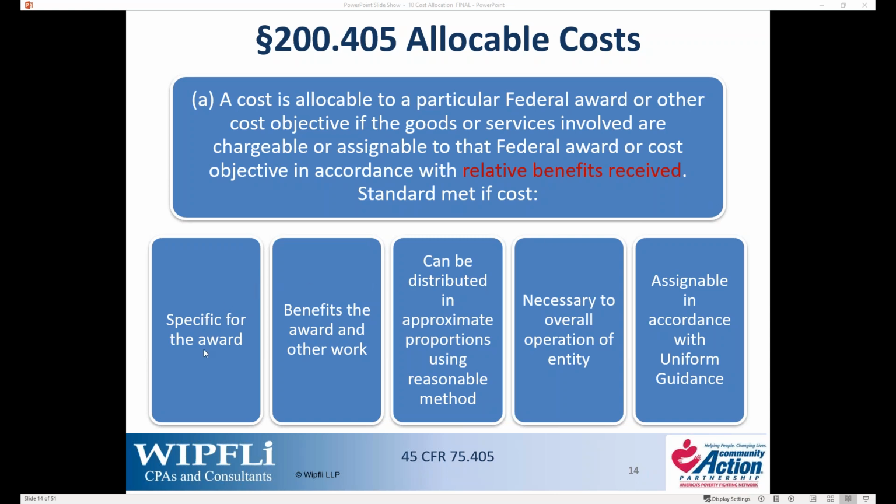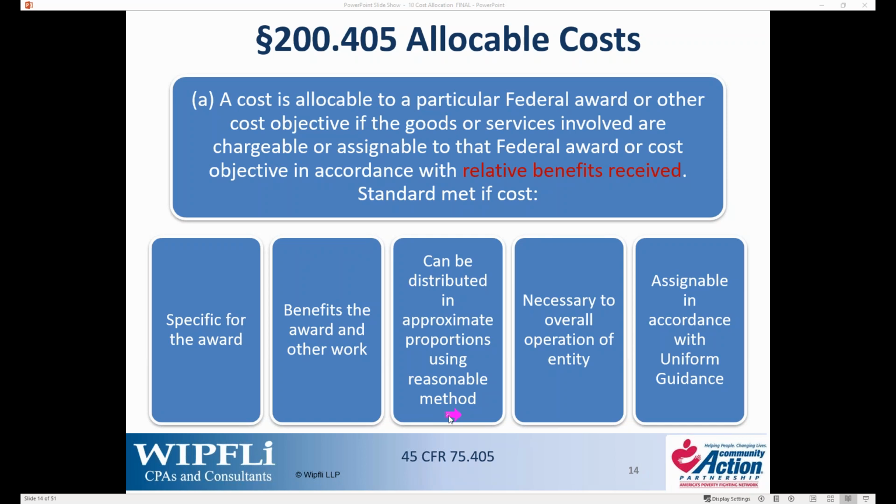So it's allocable if a particular cost is incurred specifically for the award. It benefits the award and other work, and can be distributed in proportions that are approximate using a reasonable method. So this is what I'm getting at, that it doesn't have to be exact.